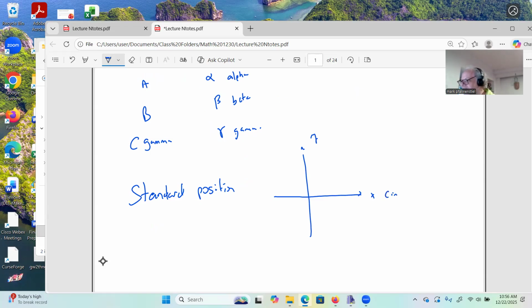Okay, it doesn't have to be, but in standard position it will be. And our terminal side, so we're going to rotate. An angle is a measure of rotation. And then we're going to have our terminal side sitting here. Okay, and this is an angle that's in standard position. We started from the x-axis and we went in a counterclockwise direction in order to measure our rotation.